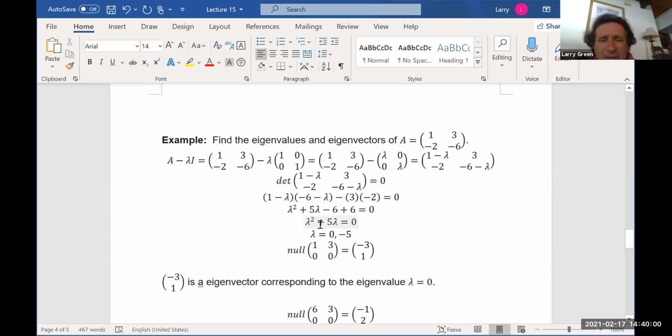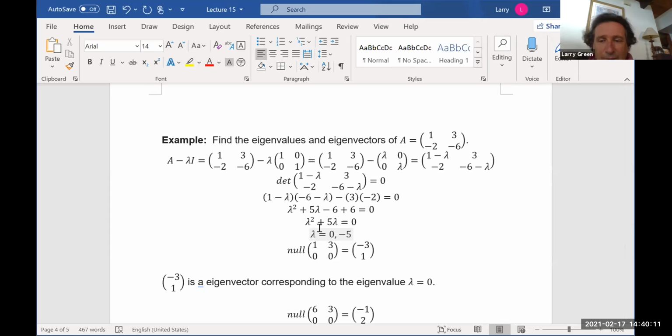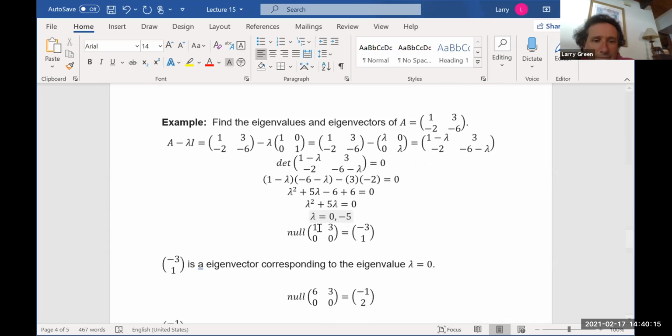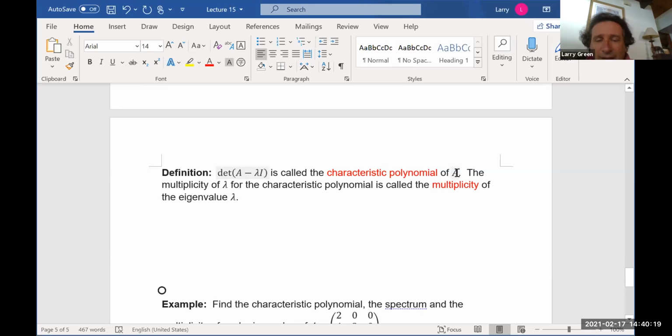If we had a 3 by 3 matrix, what kind of polynomial do you think you get? A third degree polynomial. And a 4 by 4 will give you a 4th degree polynomial. Is that clear? So this polynomial that you get is called the characteristic polynomial of A. Any questions on that?